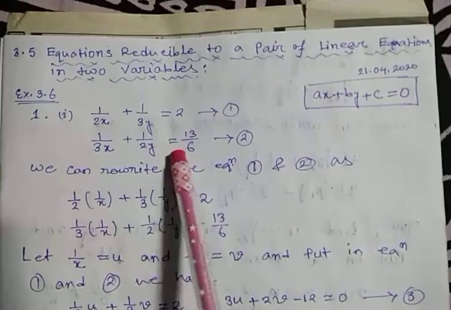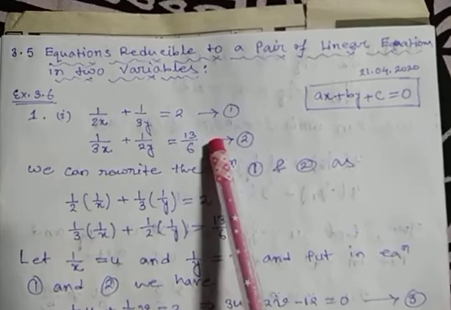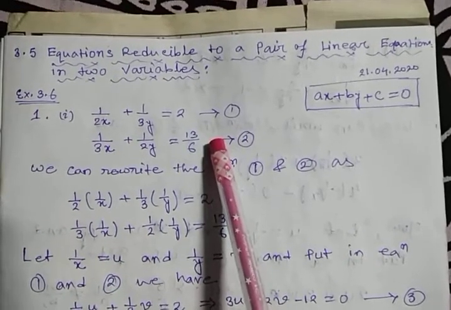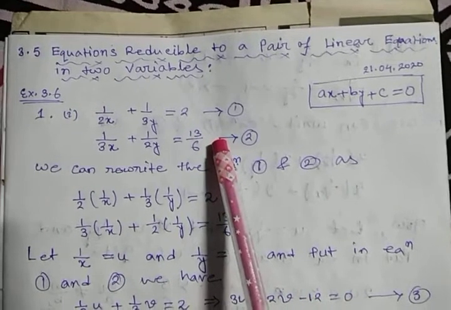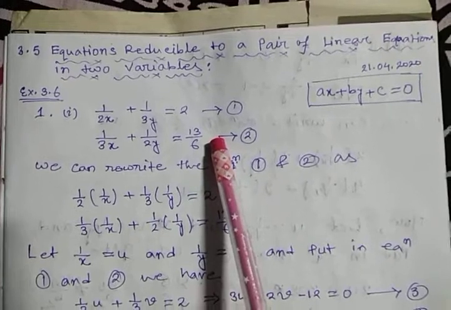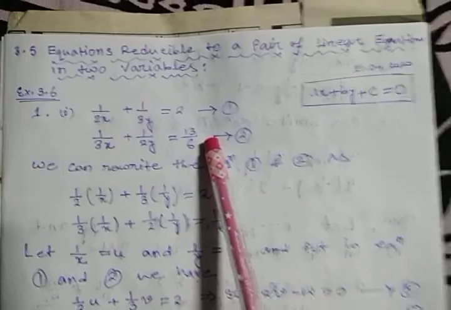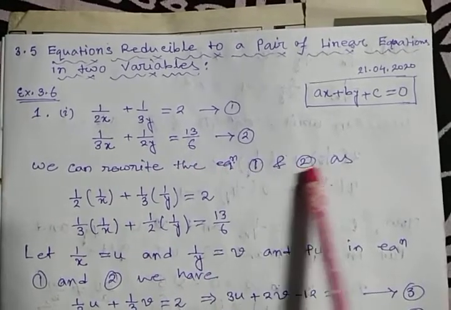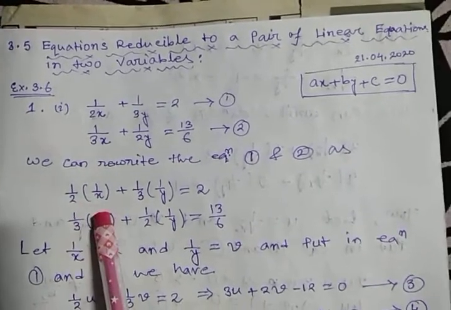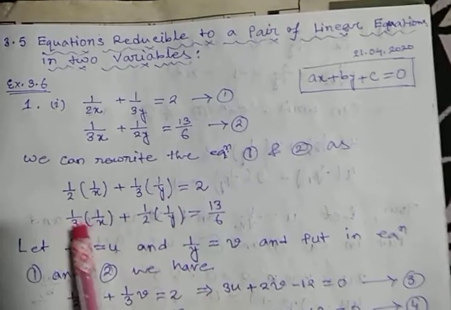So in that case, we can't solve by using any algebraic method, meaning substitution, elimination or cross multiplication. So first of all, we need to reduce them to linear equations. So we can rewrite equations 1 and 2 as 1 by 2 into 1 by x plus 1 by 3 into 1 by y is equal to 2.